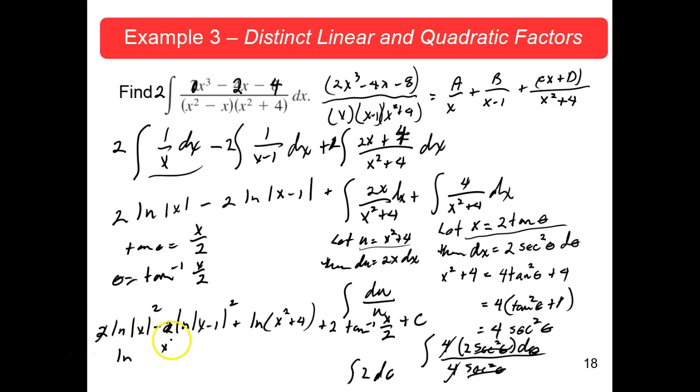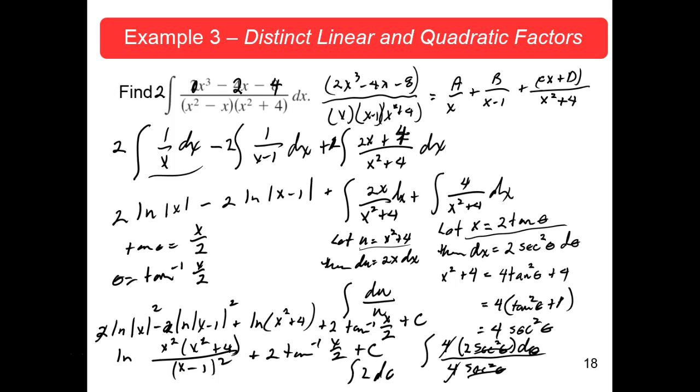So this will be x squared times x squared plus 4 over x minus 1 squared, plus 2 times the inverse tangent of x over 2 plus c. So that's about as simple as I can think to write this.